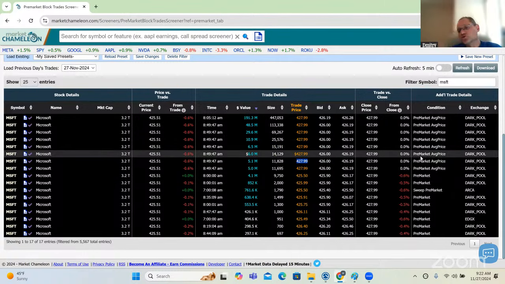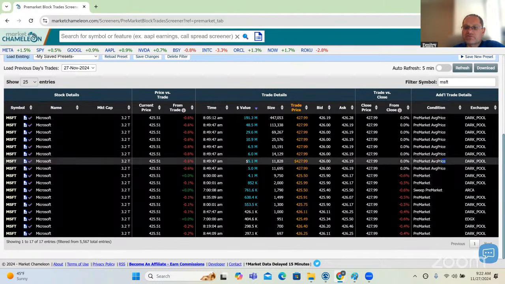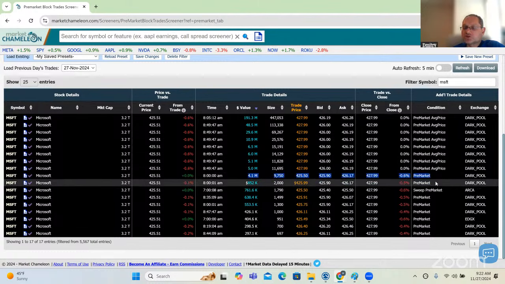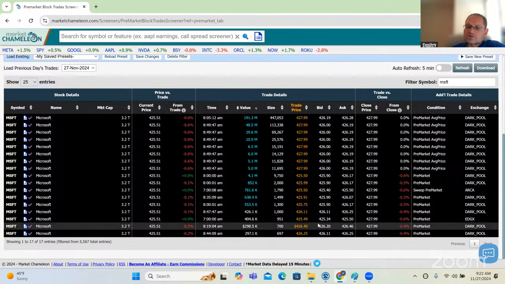So those could be based on a cross for some reason, because they are indicated average price. These ones would be actual just pre-market matchups. Okay, so that's really quickly how to filter out those specific trades to figure out what's going on in the block trades in the dark pool.